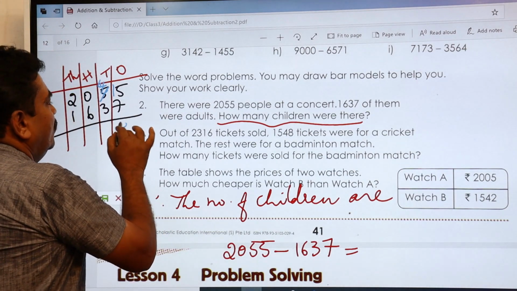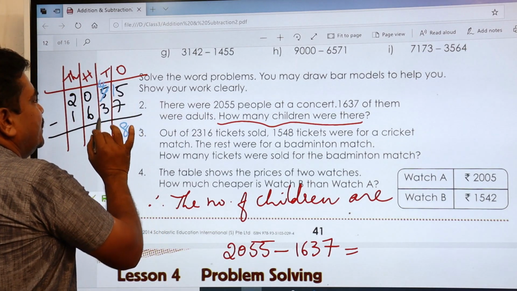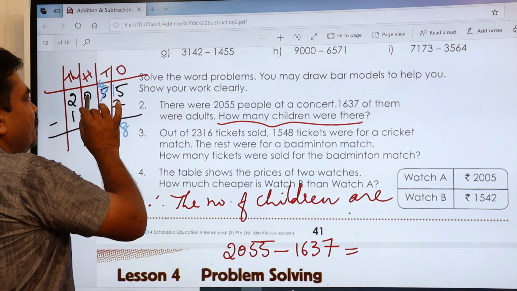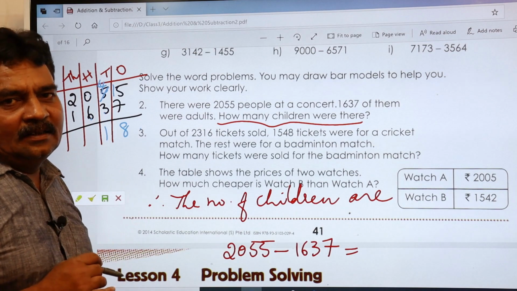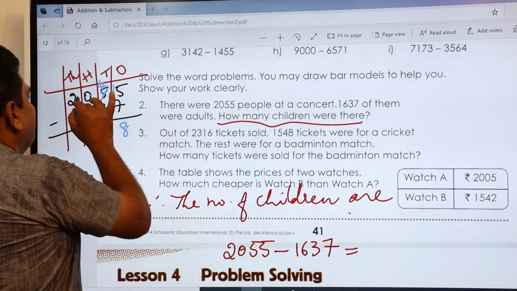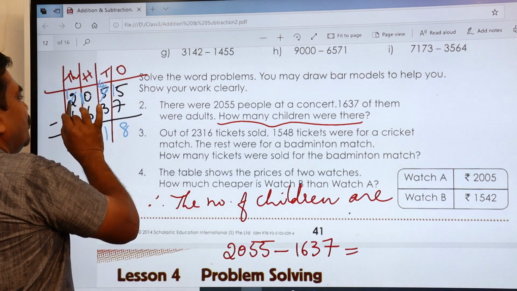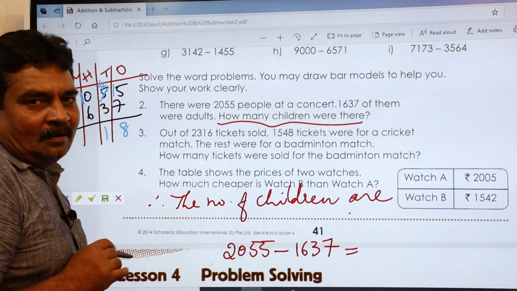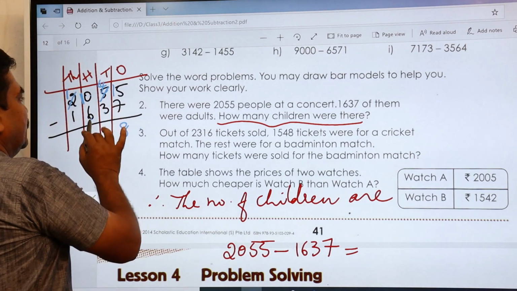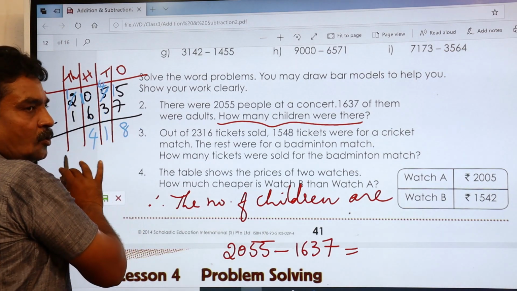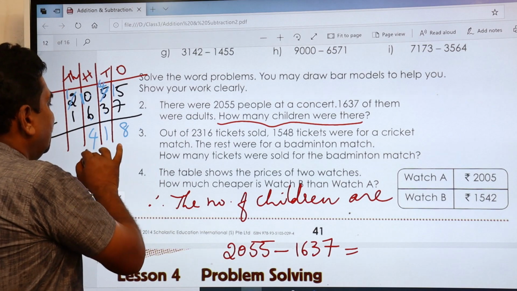So write down 8. 4 minus 3 is how much? 1. Here you see 0 and here you have 6. From 0 you cannot take out 6. So you carry one number from the beside number, it becomes 10 now. And the new number here is 1 because you have taken away one number. First we'll do this. 10 minus 6, how much? 4. The 1 minus 1 is 0, so no need to write 0. So how many children are there?